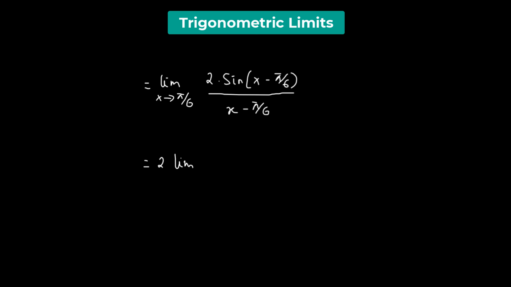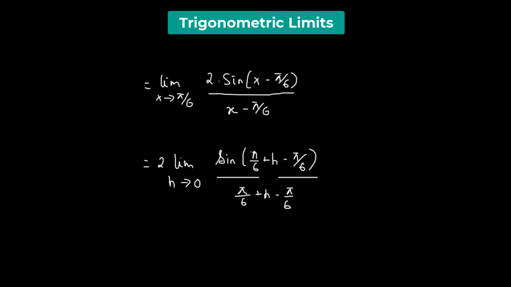So we have limit h approaching 0, sine of pi over 6 plus h minus pi over 6, divided by pi over 6 plus h minus pi over 6. So the pi over 6 gets cancelled in both the numerator and the denominator.